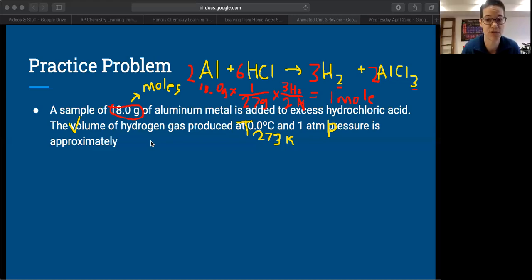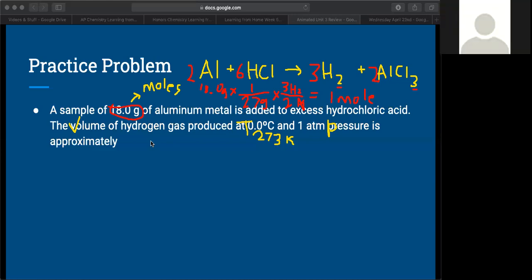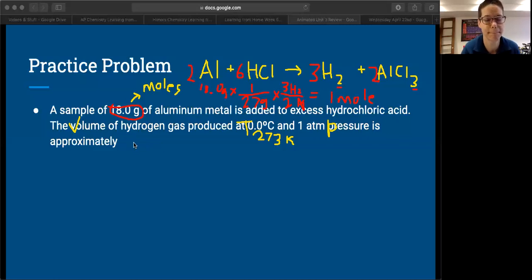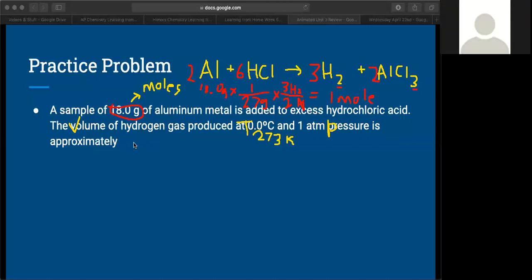Match the pressure unit. Can we use the 18 for the volume? No, you're finding volume.